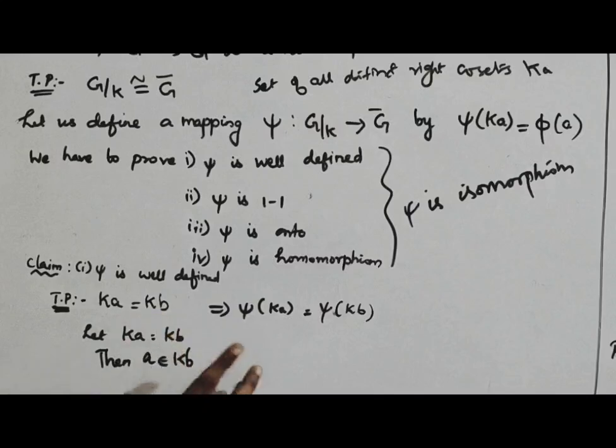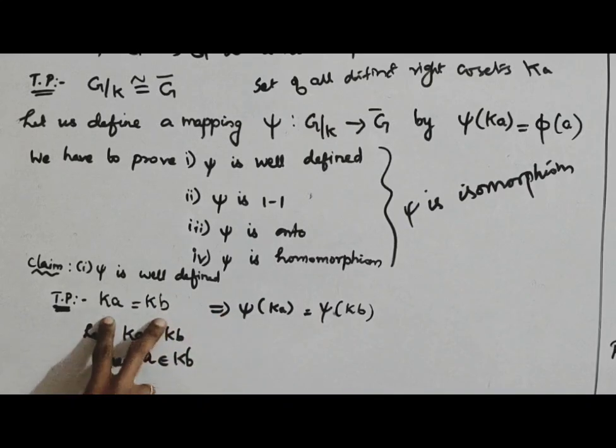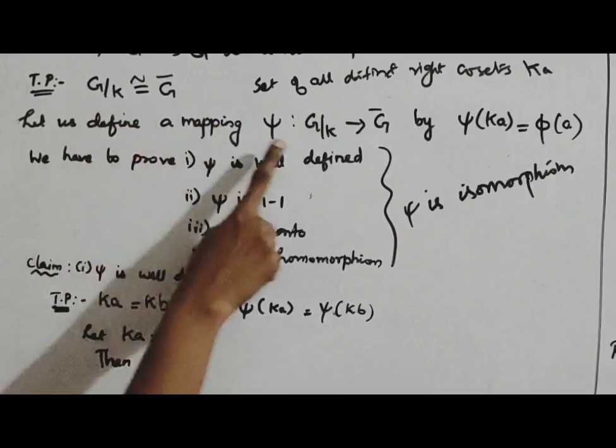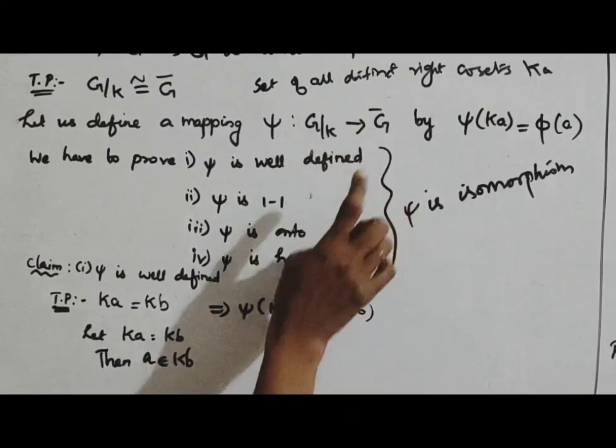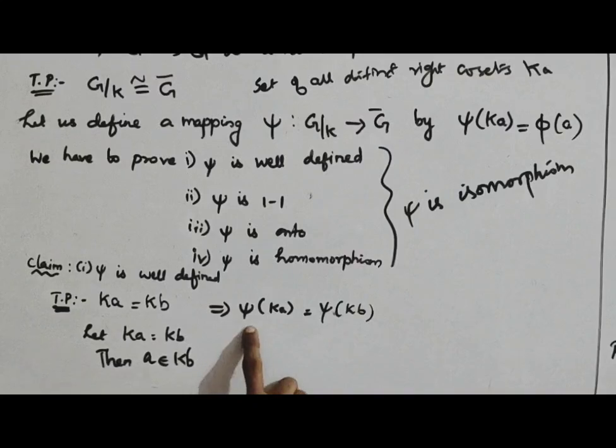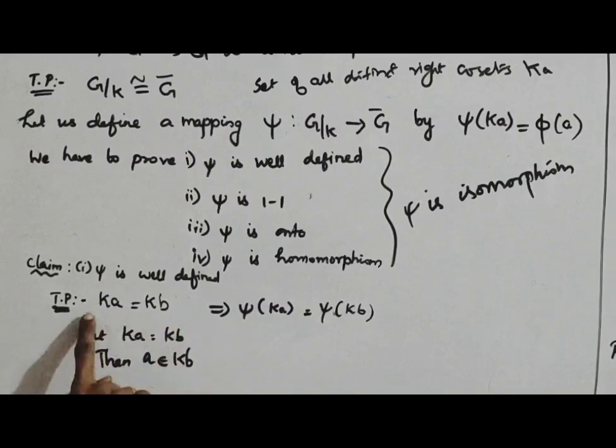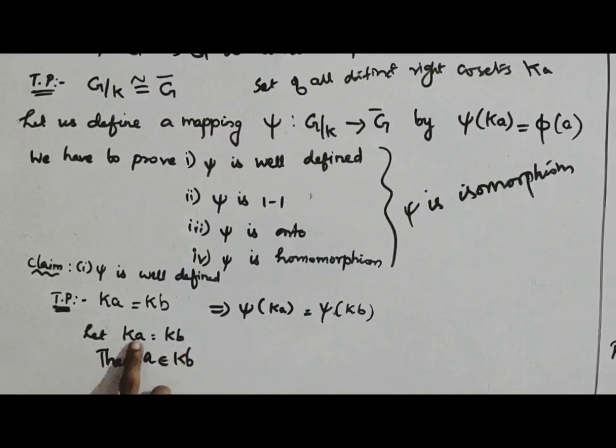What is well defined? You have to choose two elements from this quotient group G over K, and you have to prove that the image psi of Ka is equal to psi of Kb. You have to assume Ka is equal to Kb and prove this. Then these are the right cosets, right? Therefore, this can be written as a belongs to Kb.